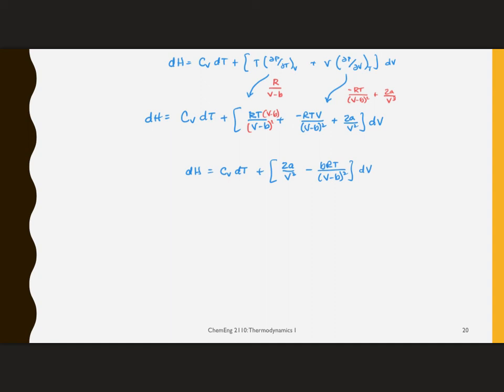If I knew the values of A, B, and I had a change in temperature and a change in volume, this could be integrated to find the change in H.